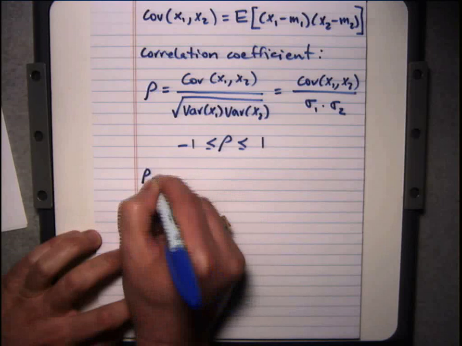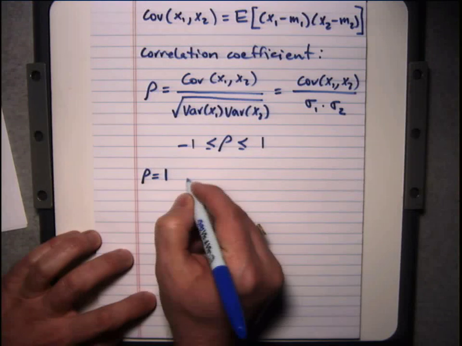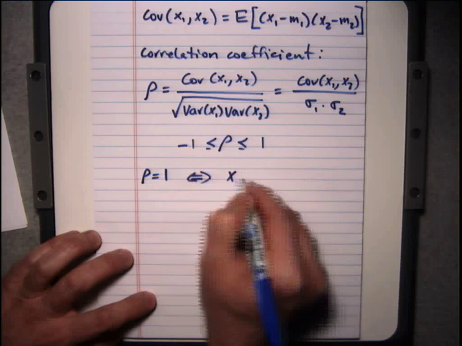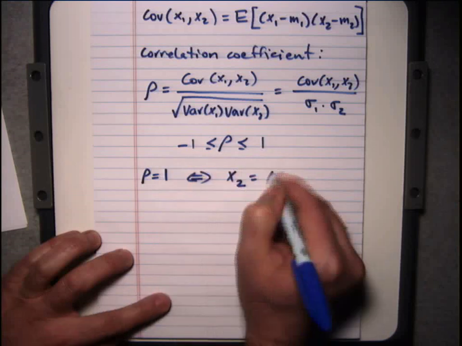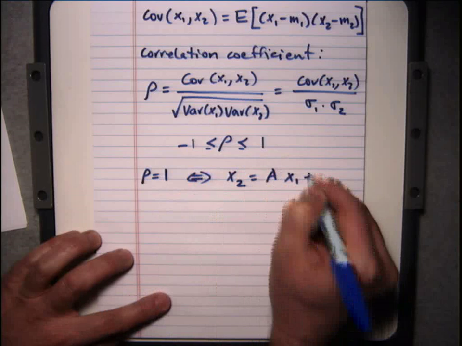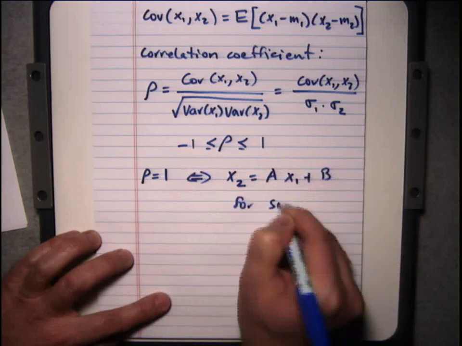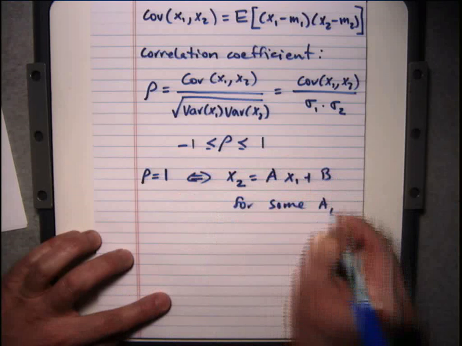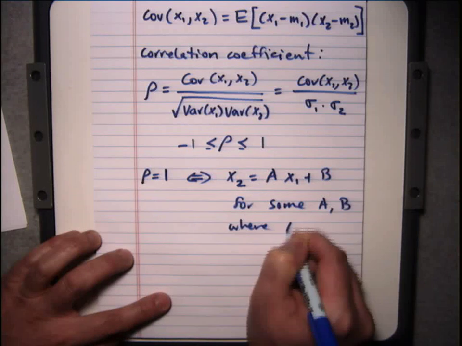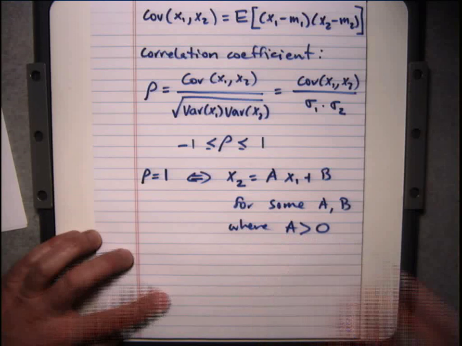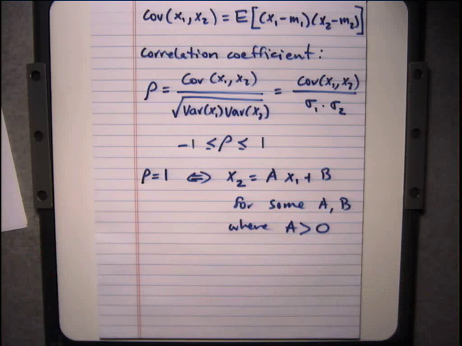When rho is equal to 1, it means that you can write x2 as a times x1 plus b for some a and b, where a is strictly positive. In other words, it means that the two random variables are perfectly linearly correlated.